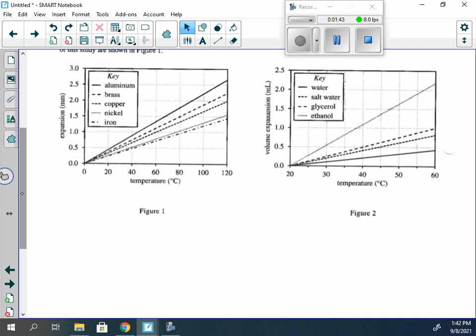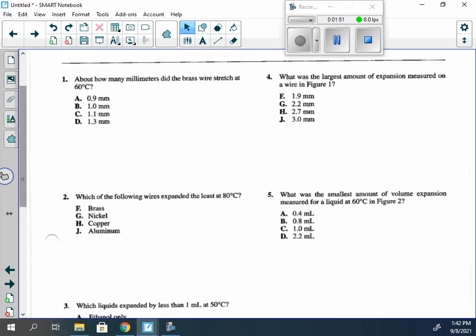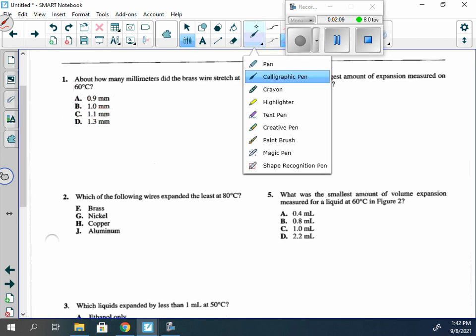So somewhere between 1 and 1.5, and which one is it closer to? 1. Okay, let's look at our answer choices. We know it's not 0.9, and it's definitely not just 1.0, correct? So we'll say 1.1. That's it. So the correct answer for number 1 is answer choice C.